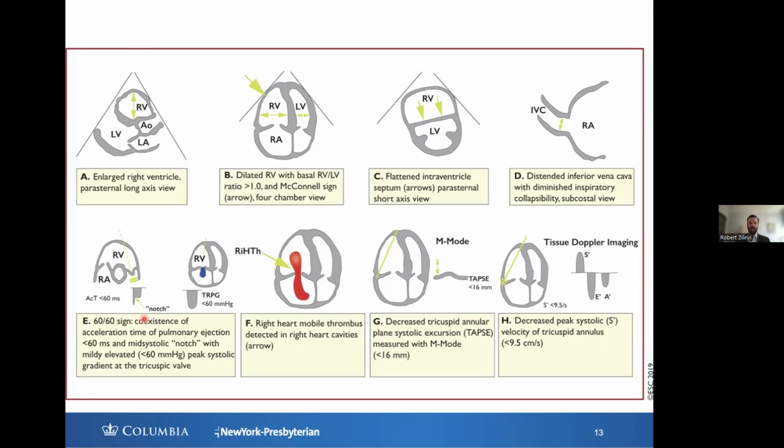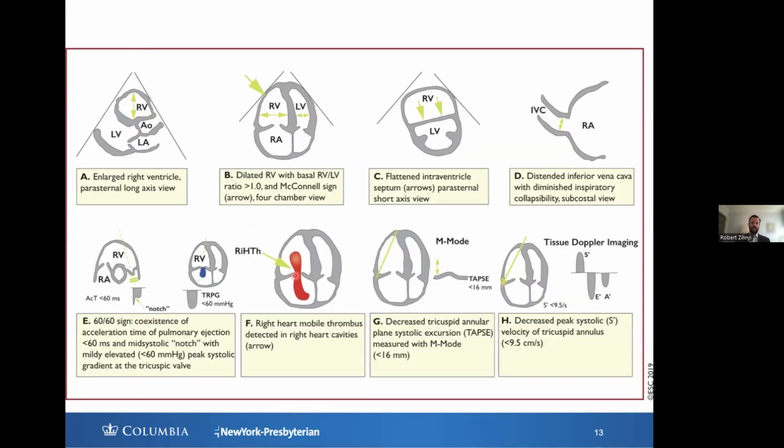This is fairly sensitive and specific for pulmonary embolism, but can be seen in other conditions as well. On the parasternal short, we look for dilation, and in addition to that, we look for flattening of the interventricular septum, either during systole, diastole, or both, which speaks to the volume status and pressure status of the right ventricle. Oftentimes, patients who have an acute pulmonary embolism are going to have a plethoric IVC due to the increased pressure in the right-sided chambers.